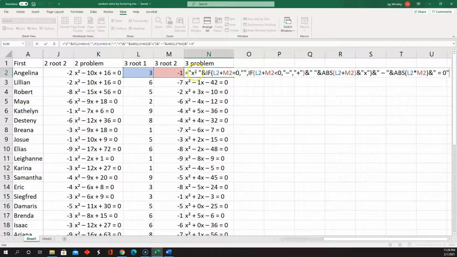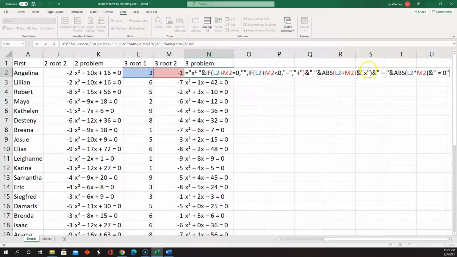So it's just going to be x squared and then a space. Otherwise, if it's negative, we're going to do the negative sign. And if it's not negative, we're going to do the positive sign. But we're also going to do the space after that. And the absolute value of the sum of those two, which is the coefficient of x.